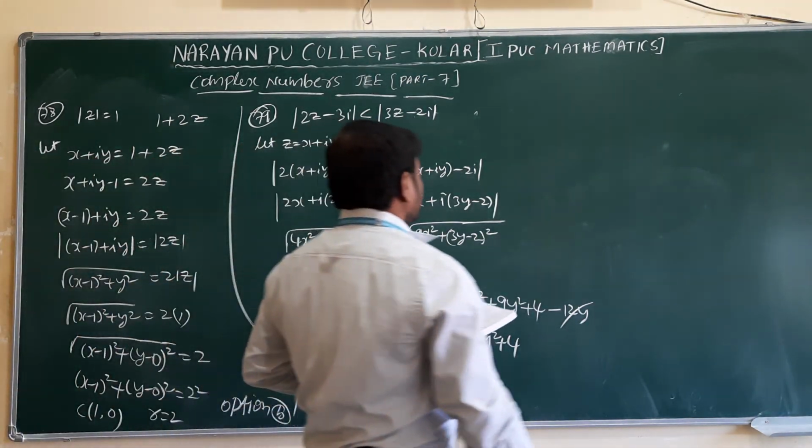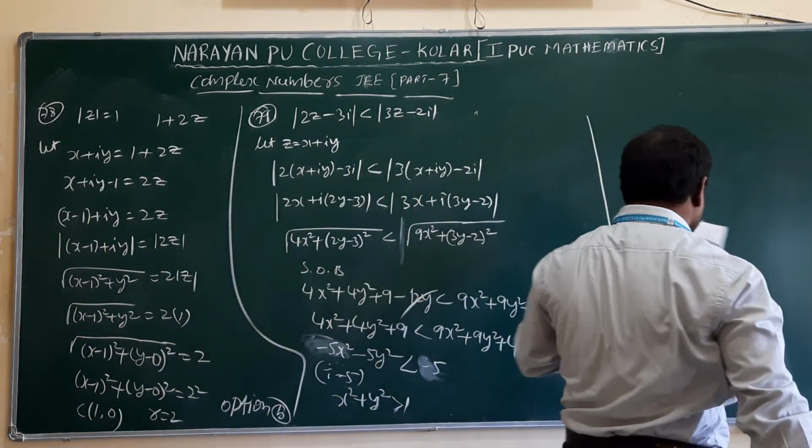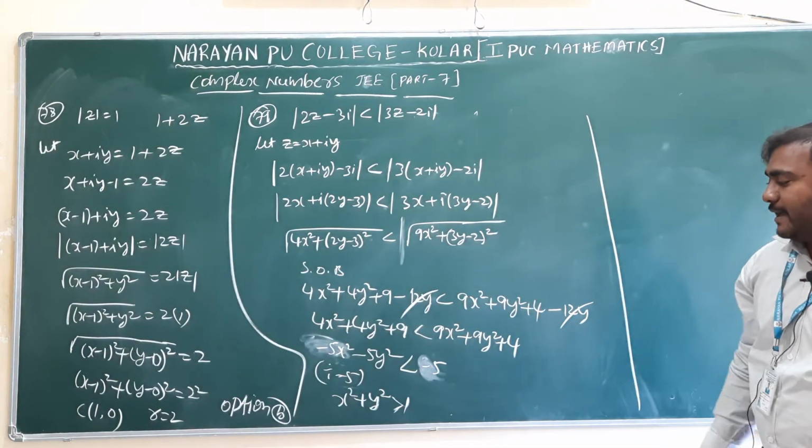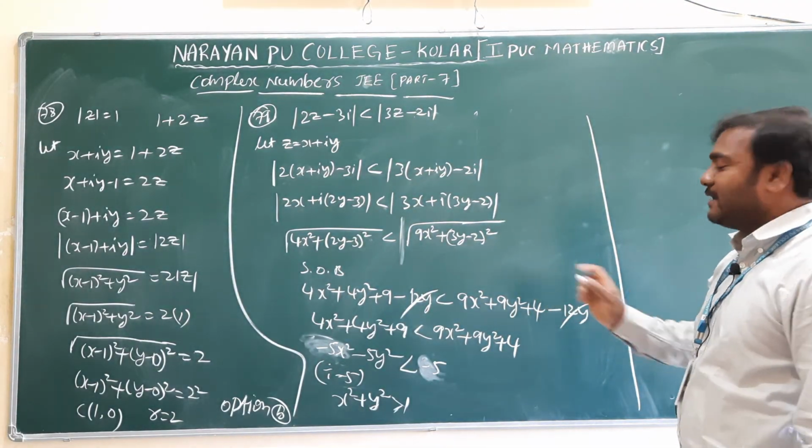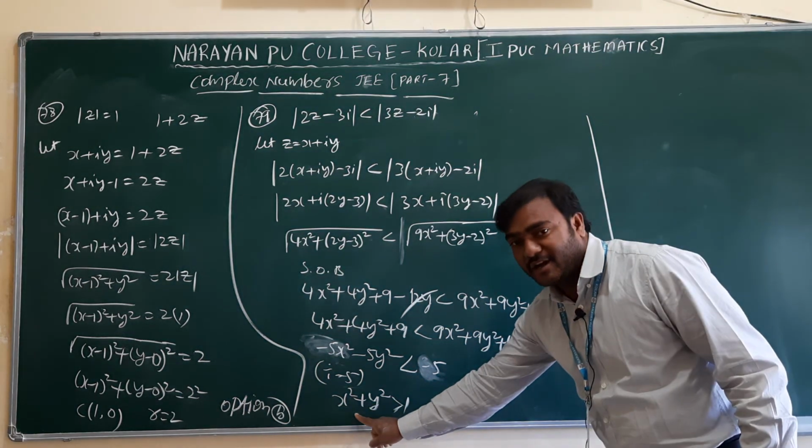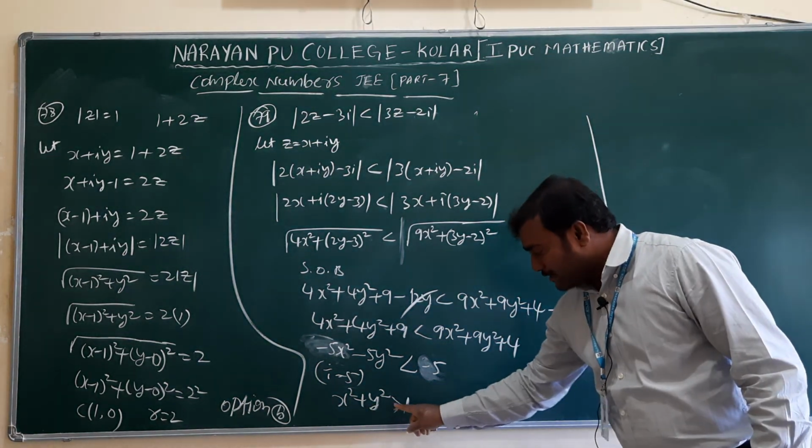So the value should be x square plus y square greater than 1. Here the center is at 0 comma 0 and the radius is greater than 1.